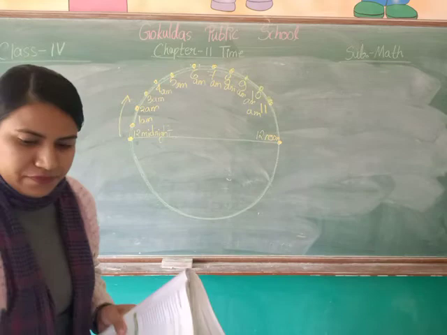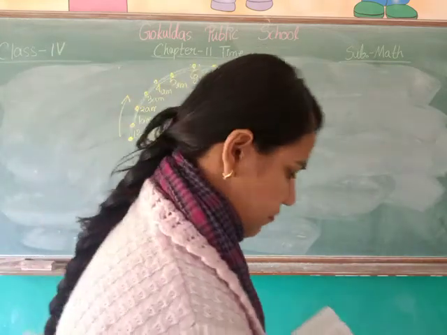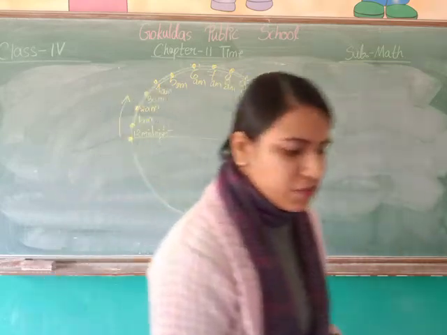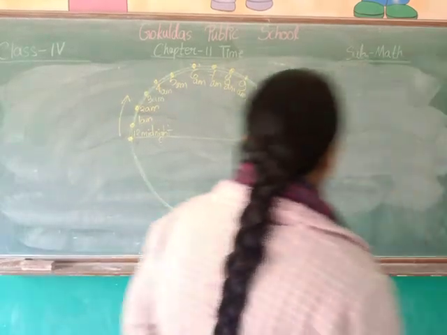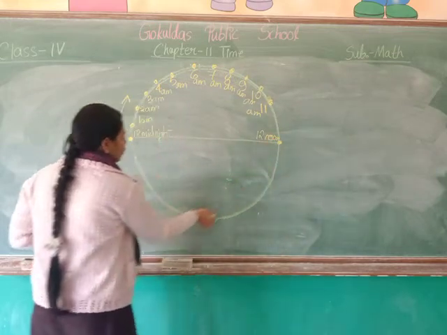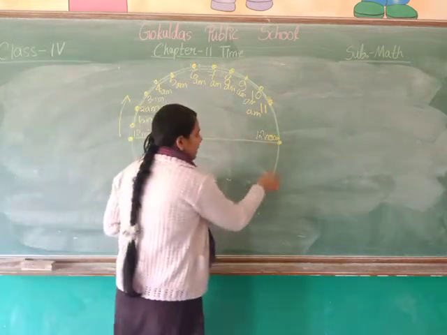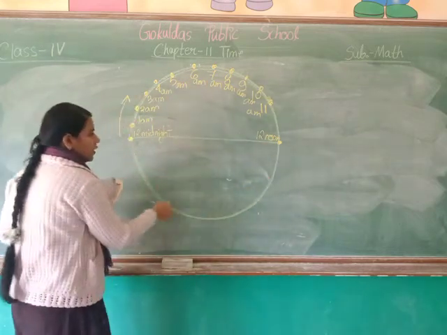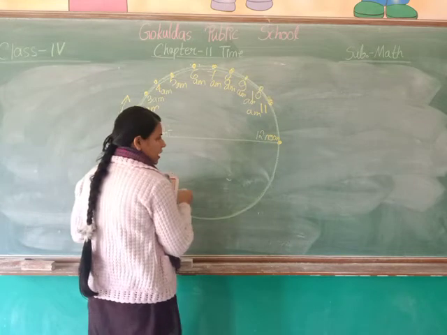And after 12 noon, if you are moving from 12 noon to 12 midnight, it is the second time zone. The first time zone is midnight to noon, and after 12 noon the second time zone will start.